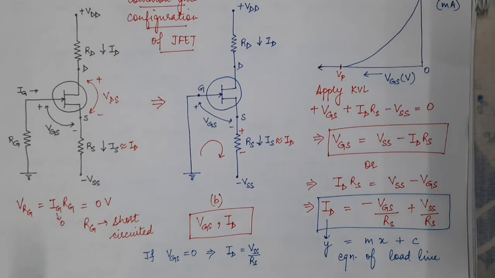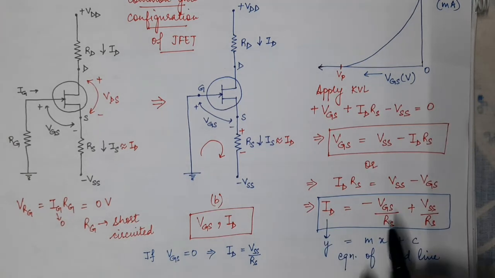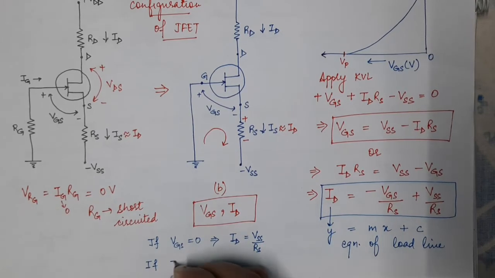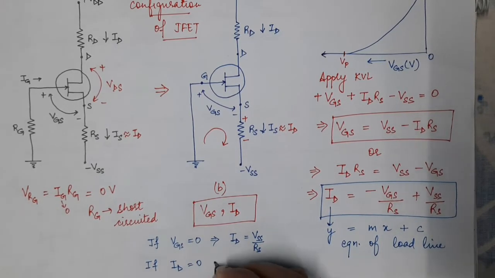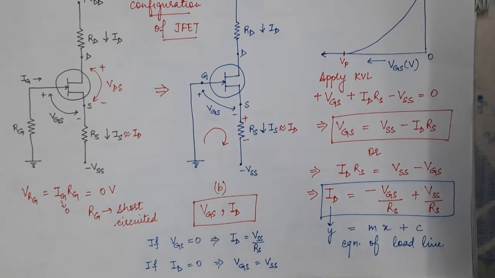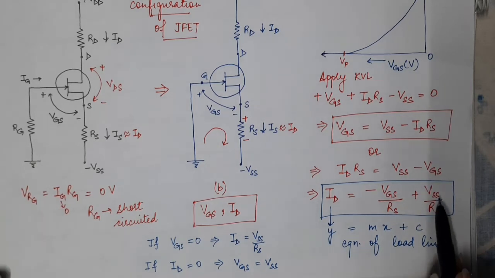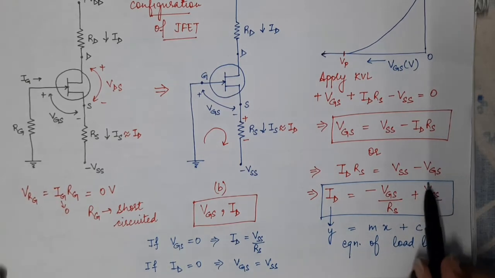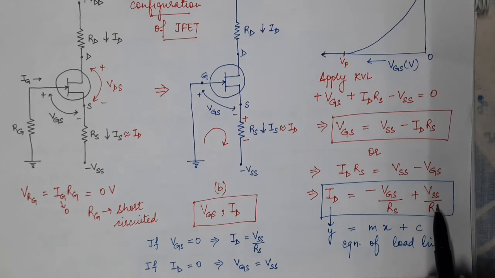And when ID is 0, find the value of VGS. If ID is 0, then VGS will be equal to VSS. Also, what is this VSS by RS? It is the intercept, and the intercept is positive, and dimensionally this is voltage upon resistance, which will give you current.